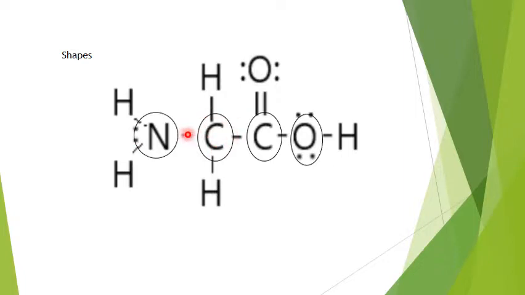This carbon has 4 connections, so it's tetrahedral. This carbon has 3 connections, 1, 2, 3, so it's going to be trigonal planar. Notice the difference between this carbon and this nitrogen out here. They both have 3 connections, but this has a lone pair, which makes it pyramidal. And then finally, this atom has 2 bonds and 2 lone pairs, so this is going to be bent.